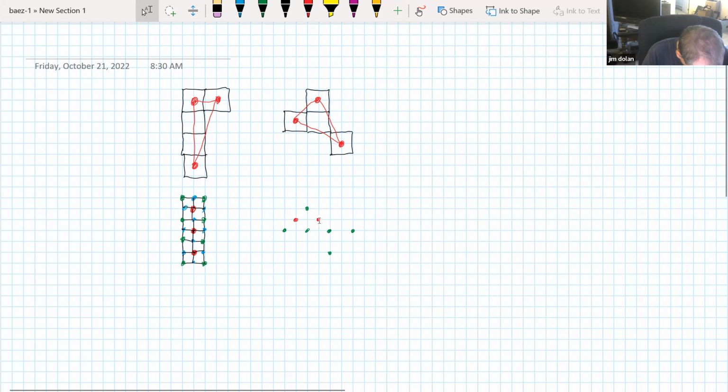So the red things are like there, and the blue things are like there. And then the black, the black boundaries of the Voronoi cells, I guess.